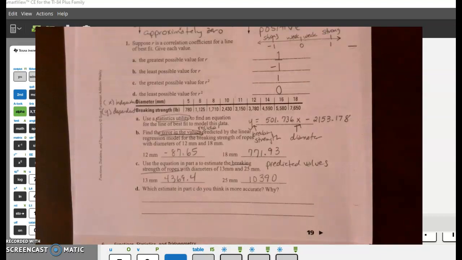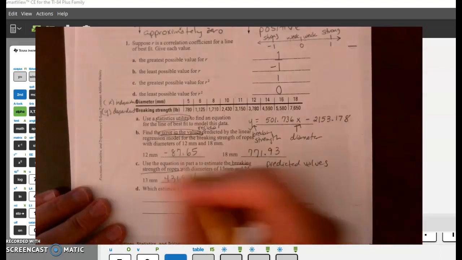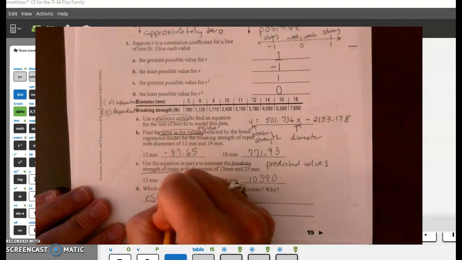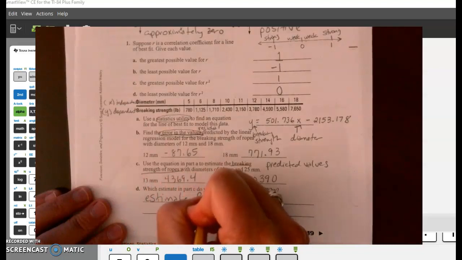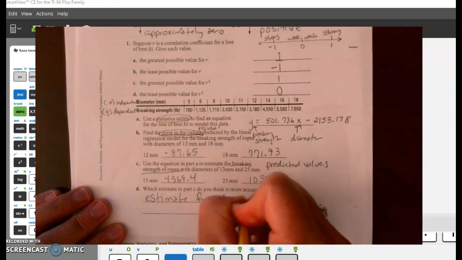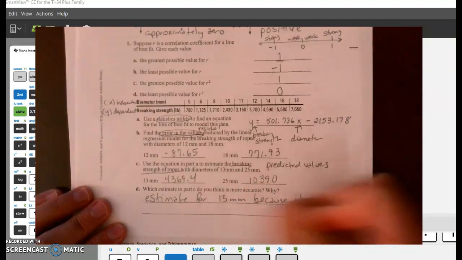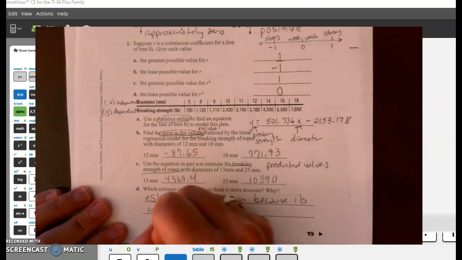And then the last question I have is, which estimate in part C do you think is more accurate and why? I think that the estimate for the 13 millimeters is more accurate because it's interpolation.